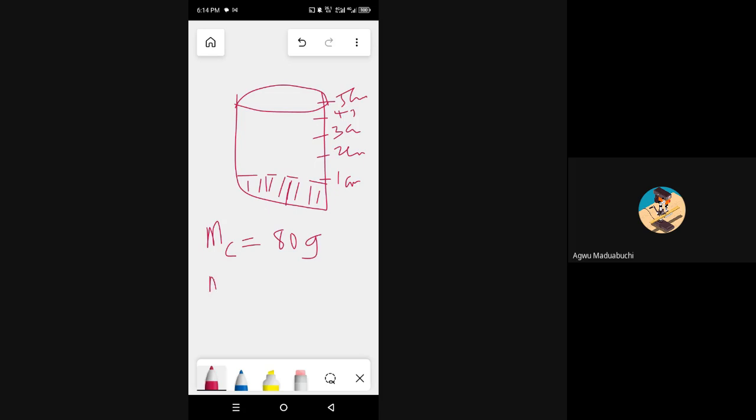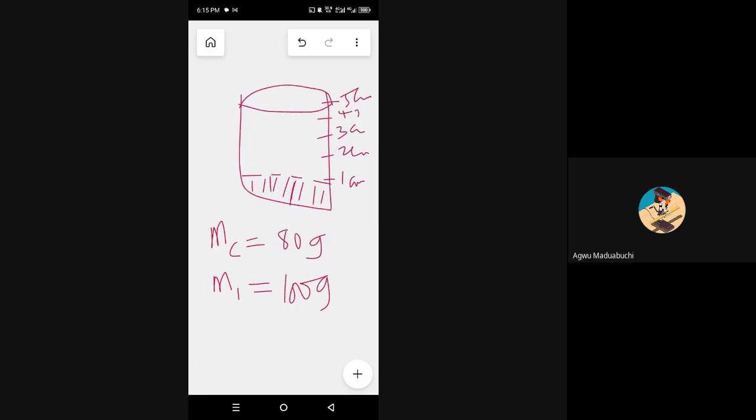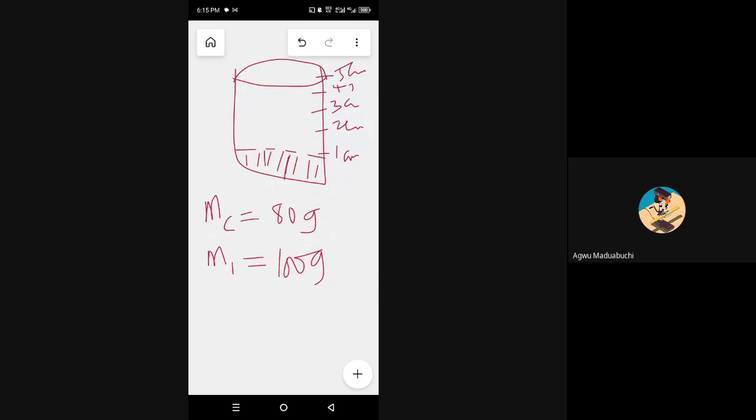So that will be your M1. So let's say M1 gives us 100 grams. So that is the mass of water and container. Did you process that? Yes, sir. Now, in this case, what's the mass of water for M1?